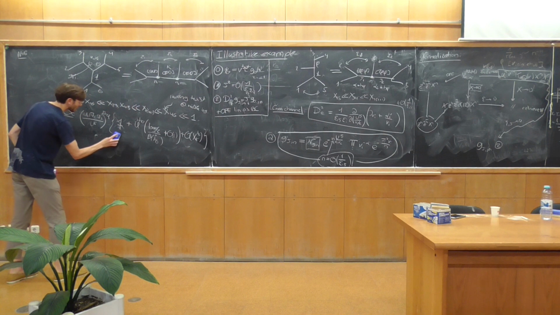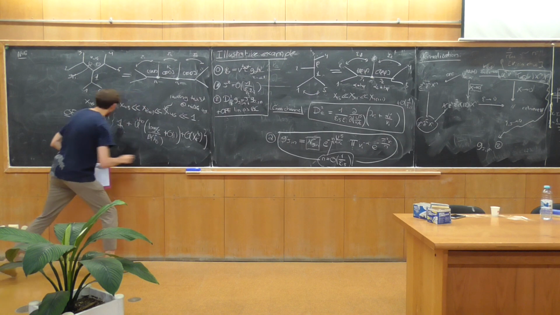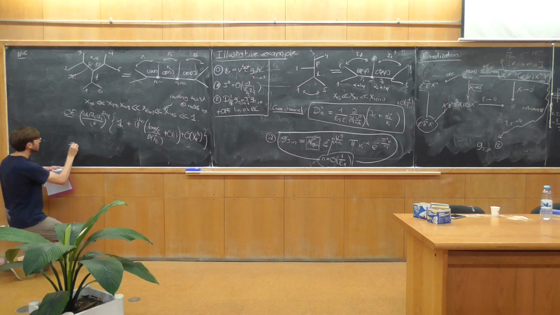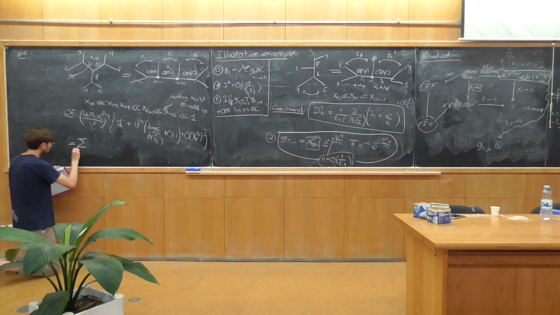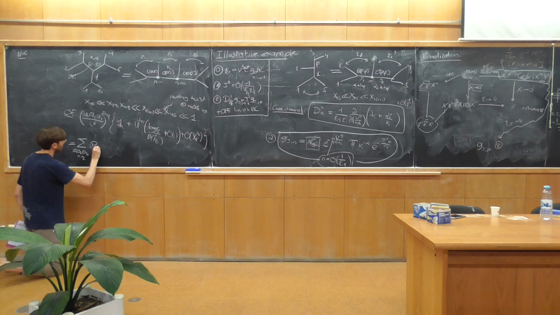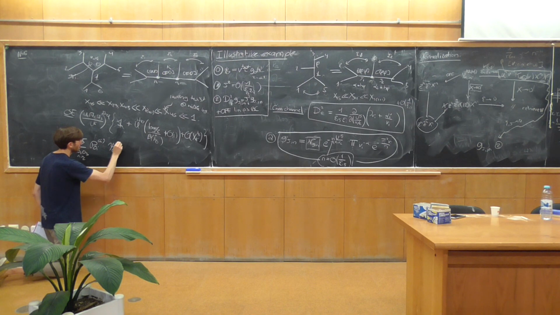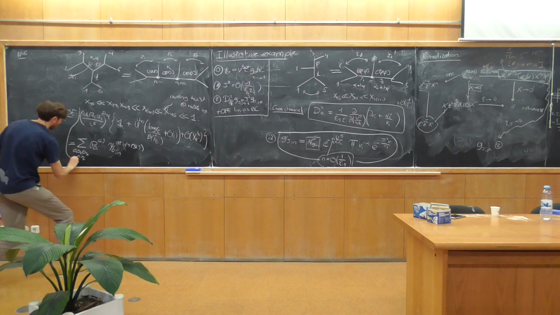So this is my direct channel, and as usual, I want to equate this to a sum over cross channel cone blocks. Okay.